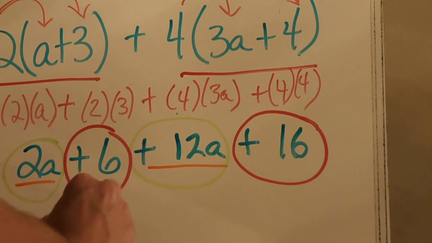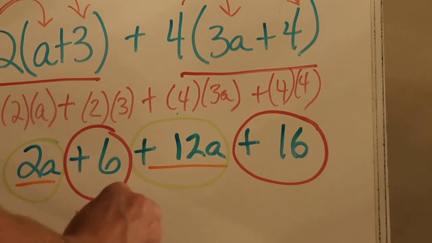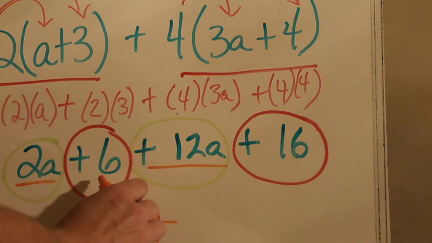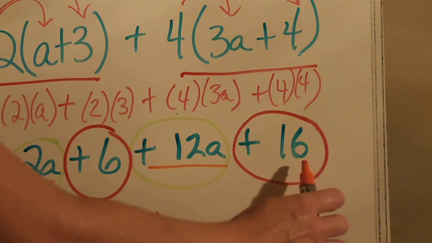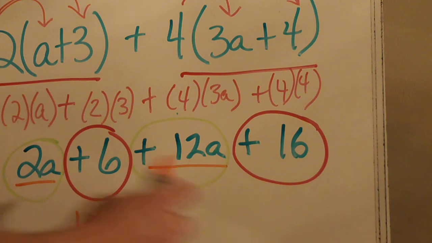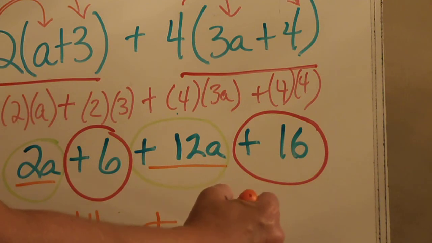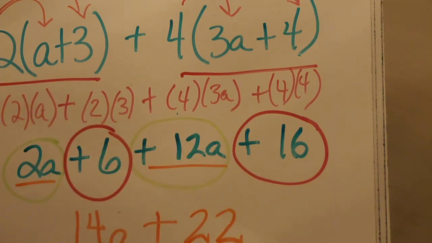That's going to give me a total of 14A. And then I have plus my 6 plus my 16. And this is going to give me 22. And I will stop there because I cannot simplify any further.